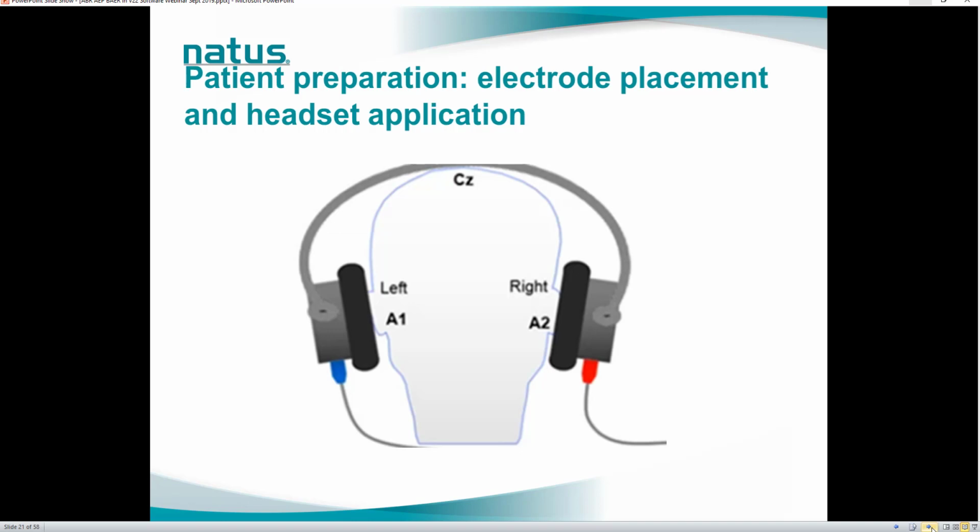Make sure you put on the electrodes in the correct position, and A1, A2 is in position with CZ as your reference, and you have a ground electrode at FPZ preferably. And then you mount the headset on. Make sure the right side of the headphone is going to the right ear, and the left hand side, which is the blue color, is going to the left ear.